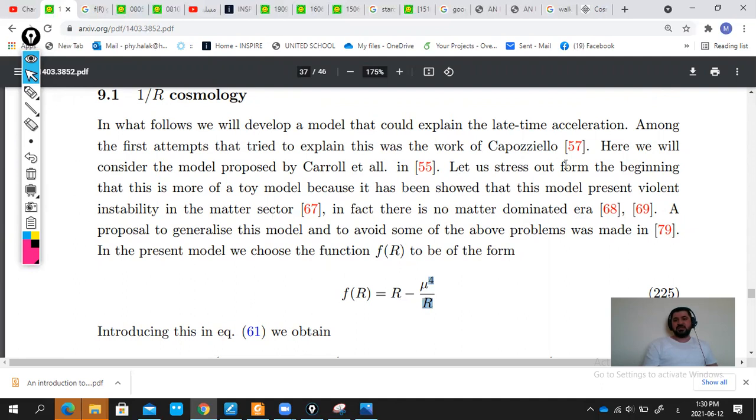So let's stress from the beginning that this is more of a toy model, because it has been shown that this model presents violent instability in the matter sector. In fact, there is no matter-dominated era, and a proposal to generalize this model and avoid some of the above problems was made in this reference.